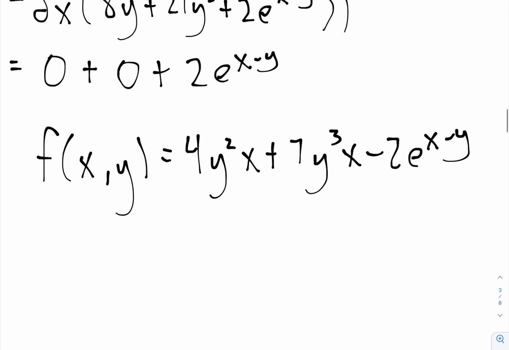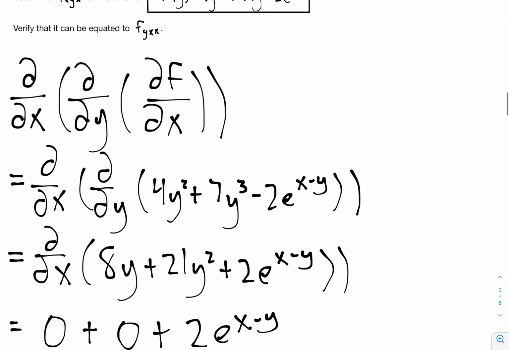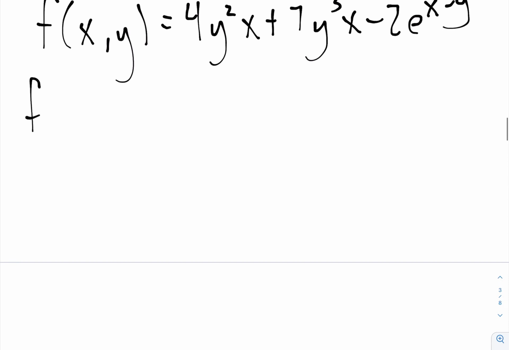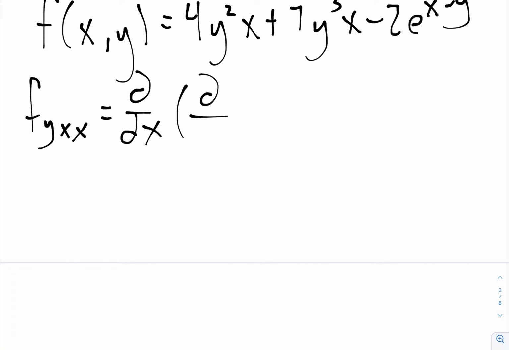Okay, so now if we're trying to find f sub yxx, remember this equals the partial derivative with respect to x of the partial derivative with respect to x of the partial derivative with respect to y.